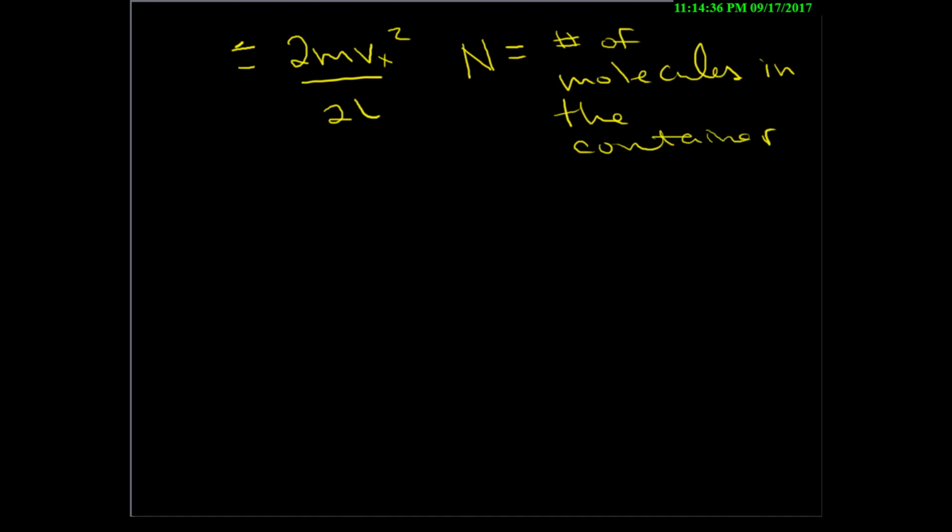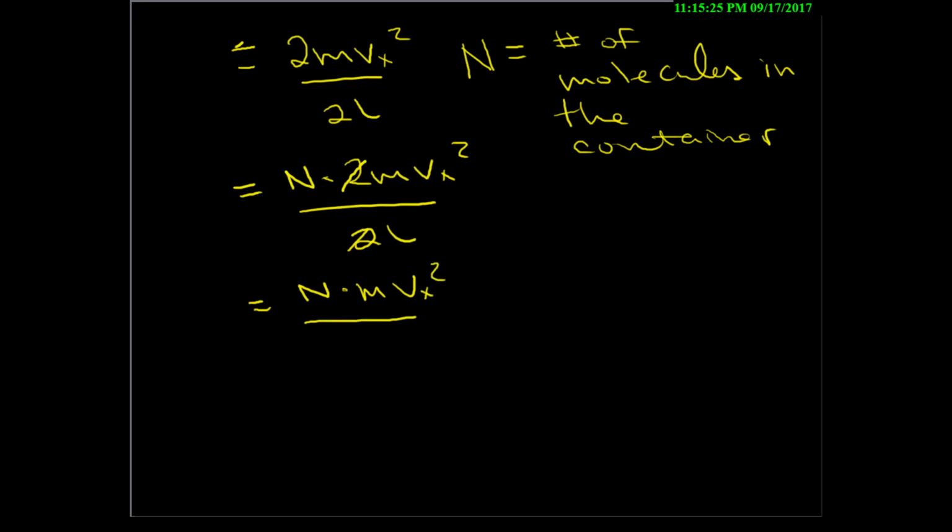So let's add that factor in, and we would then get N times 2 times the mass times the velocity squared over 2L. You'll notice now that we can cross out our factor of 2 to then yield the number of molecules, the mass times velocity sub x squared, over L.